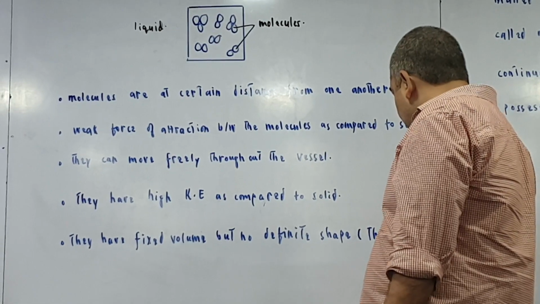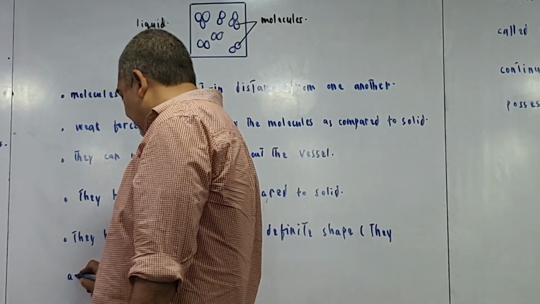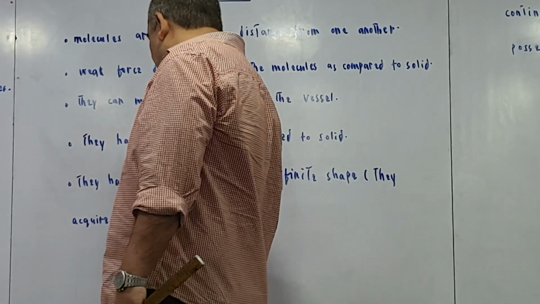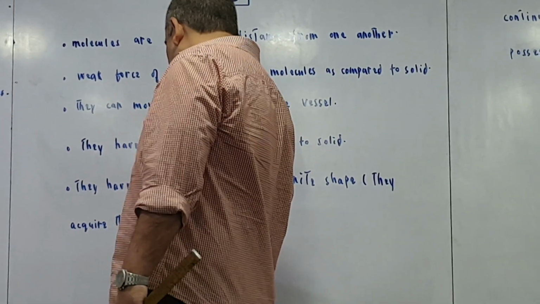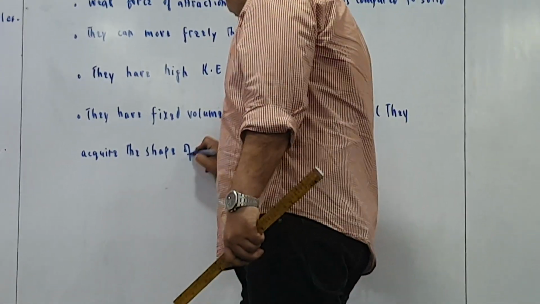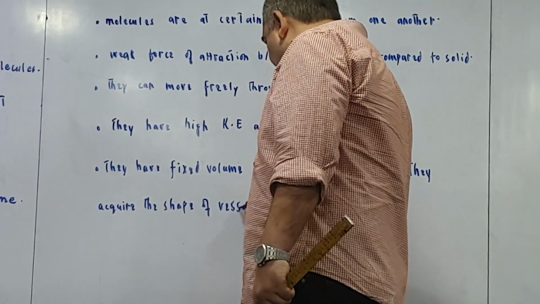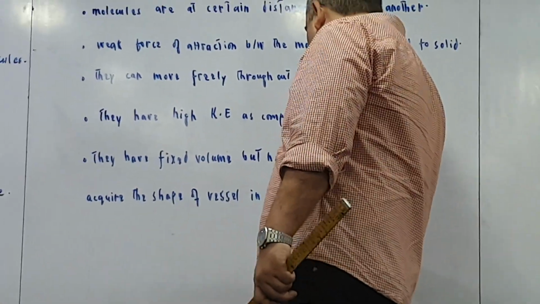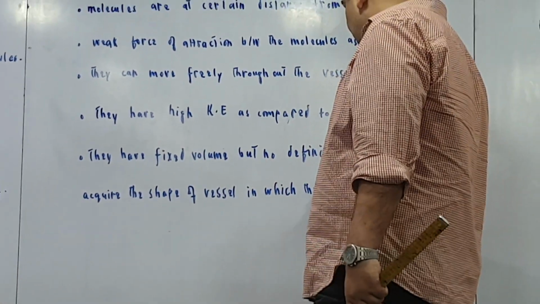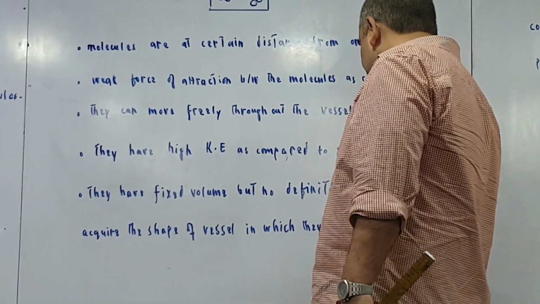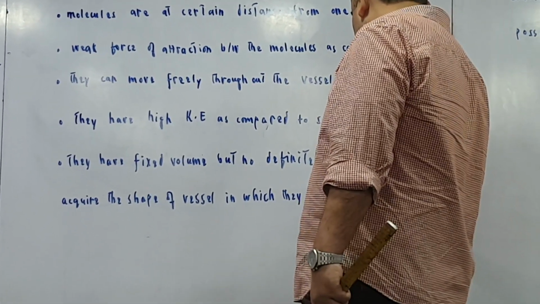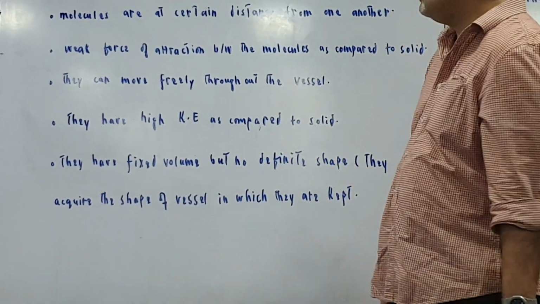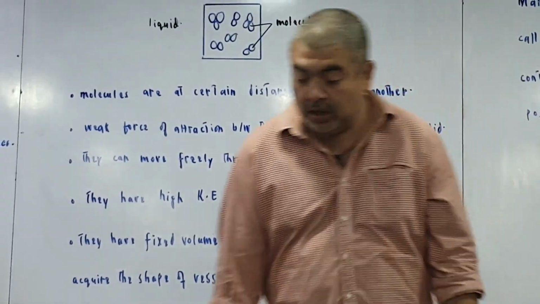They acquire the shape of vessel in which they are kept. So these are the 5 points to explain characteristics of liquid.